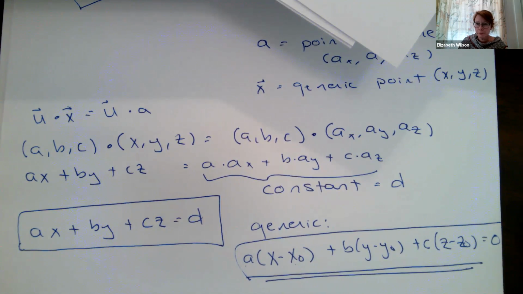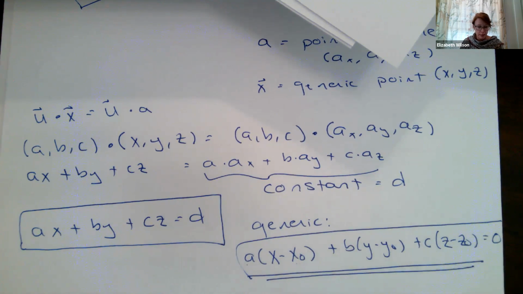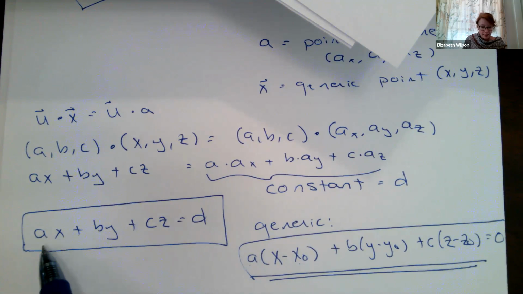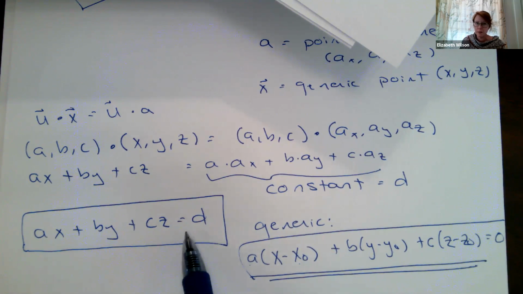Now, when we're creating an implicit equation, we're typically talking about vectors that are perpendicular either to the line or perpendicular to the plane. And so we were talking about how we are going to create our equation, that's an implicit equation for our plane. When we talked about our plane equation, we said we have ax plus by plus cz equals d.